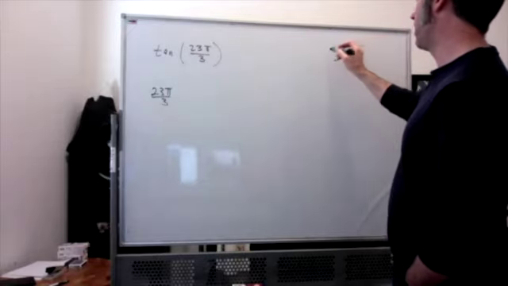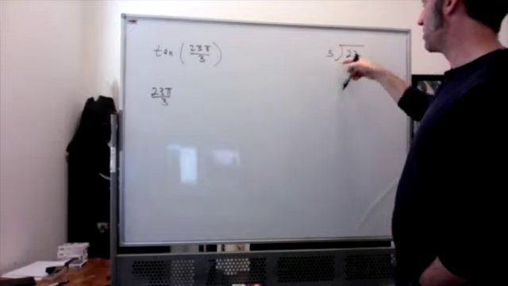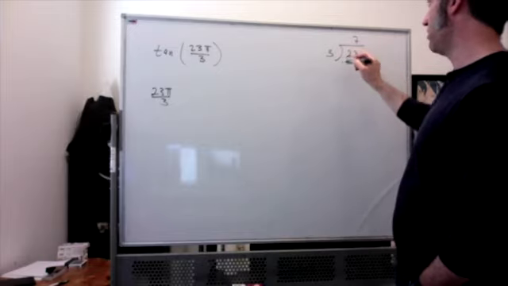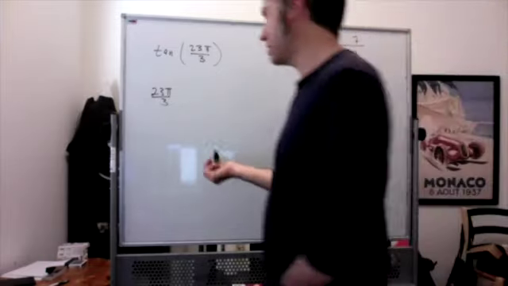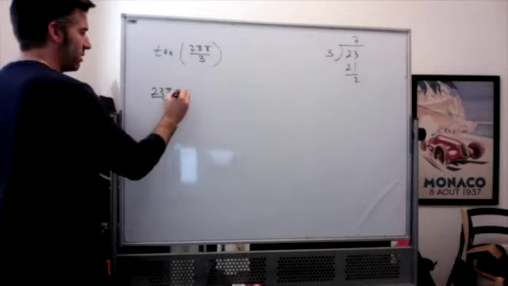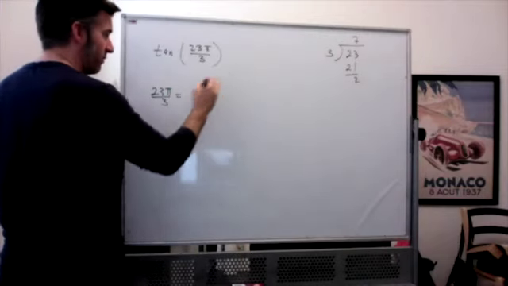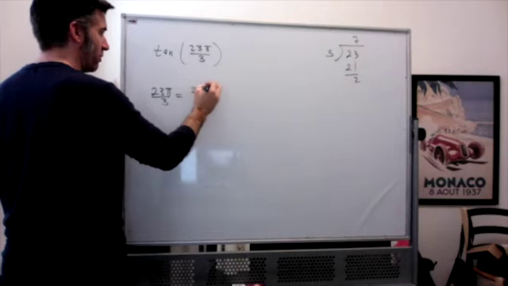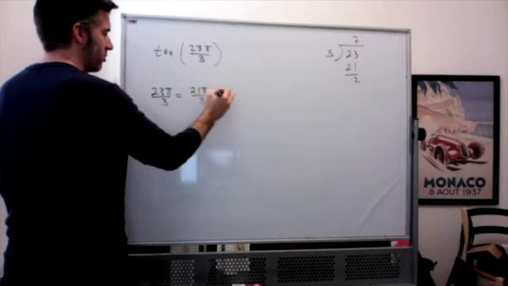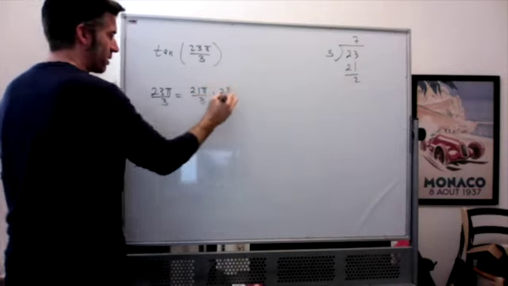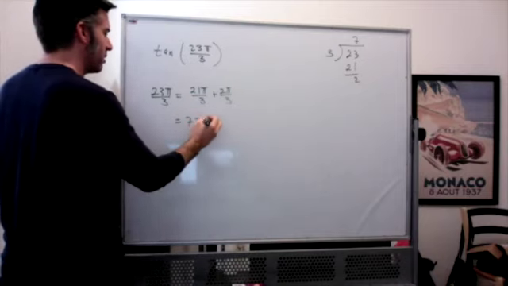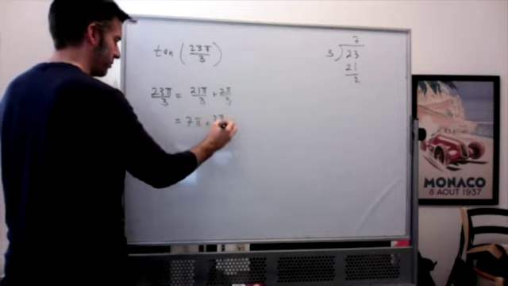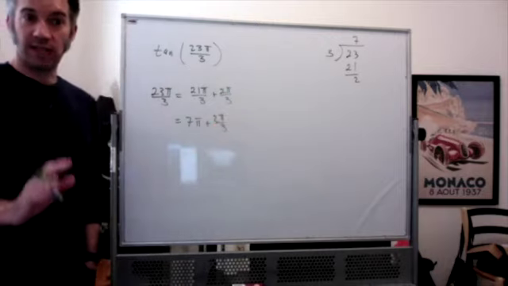23 divided by 3, 3 goes into 23 7 times. 7 times 3 is 21, remainder 2. And so what I've seen people do is they say, okay, 23 pi over 3 is equal to 7 pi, or 21 pi over 3, plus 2 pi over 3. And then they say, okay, that's 7 pi plus 2 pi over 3. And here's the mistake that's happened.